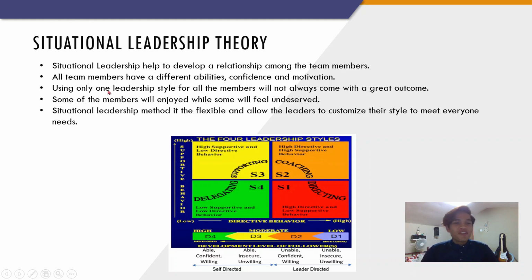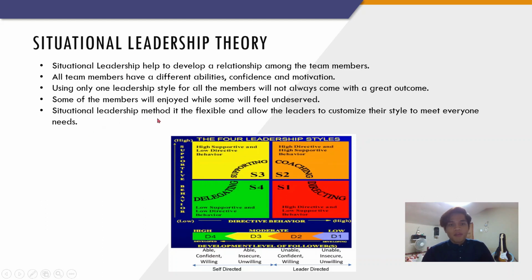Using only one leadership style for all members will not always bring a great outcome, because some will enjoy it and some will feel undeserved.